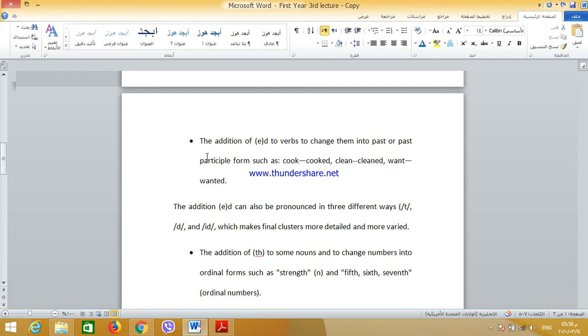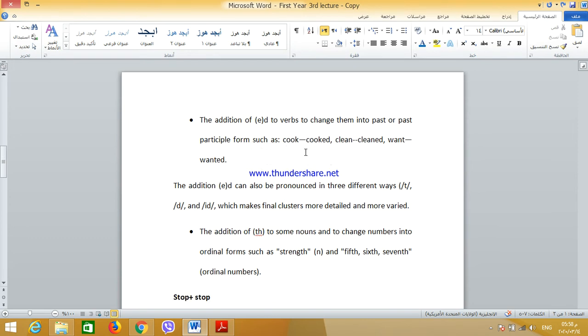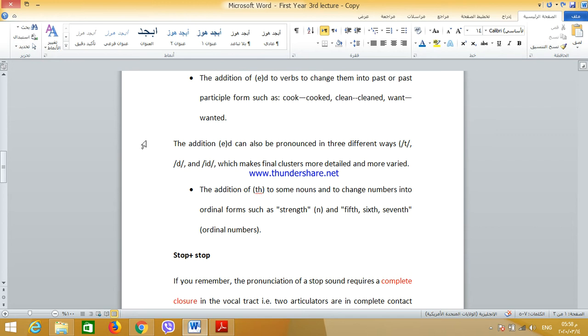Another type of suffix is the ed, normally added to verbs to change them into past or past participle forms, such as cook, cooked, clean, cleaned, want, wanted. Again, the addition of ed can also be pronounced in 3 different ways.